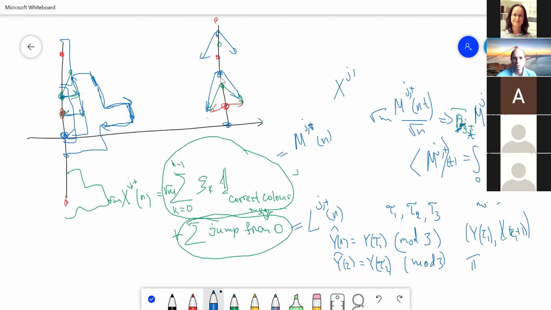So if you start from this point, you are more likely to hit this point than to hit this or this. Why? Actually, this is my question. What do we know about the distribution of the end of an excursion?